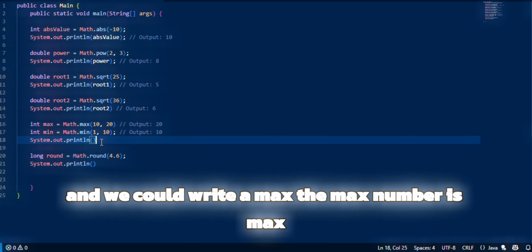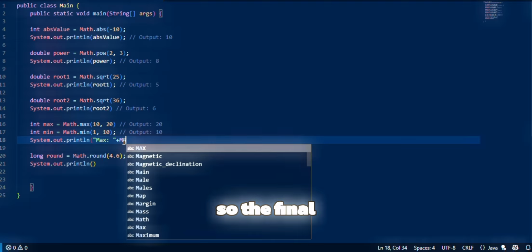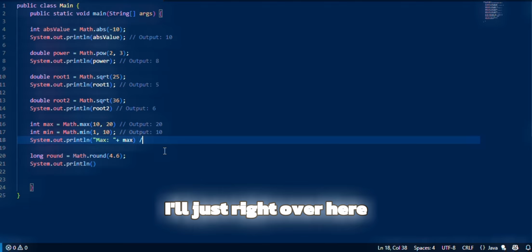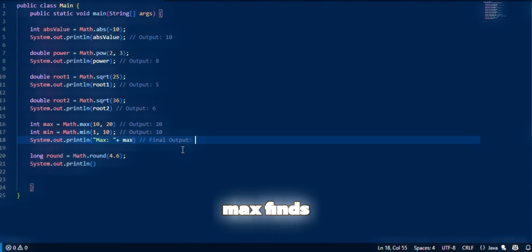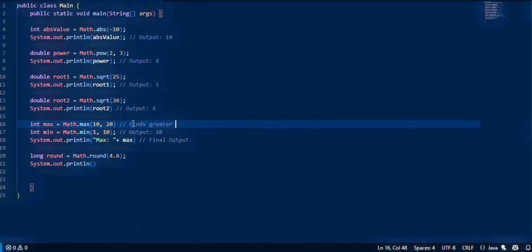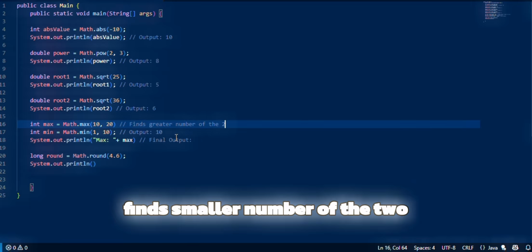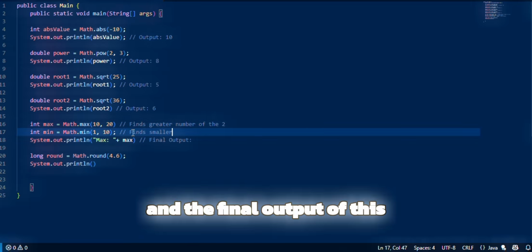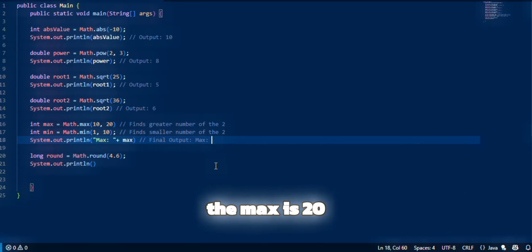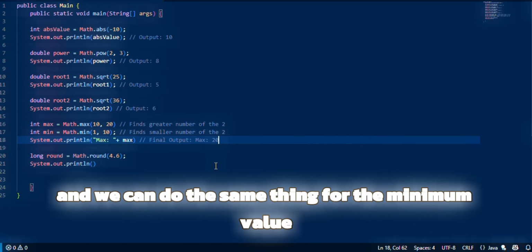So we could write "the max number is" plus max, which finds the greater number of the two, and the final output of this code will be max is 20.